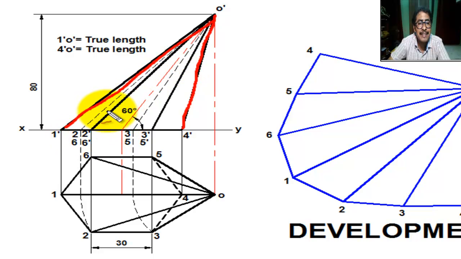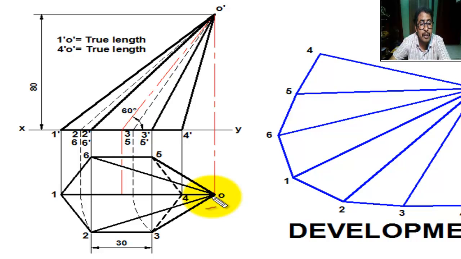But the edges 2 dash O dash, 6 dash O dash, 3 dash O dash, 5 dash O dash, these four edges are not true length. We need to find out the true length.